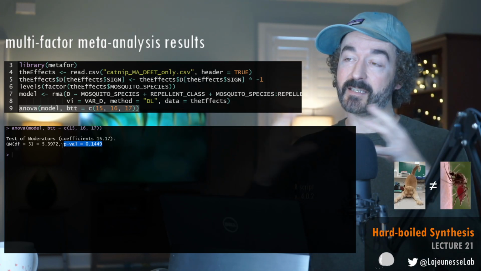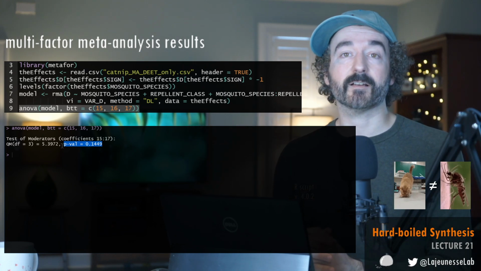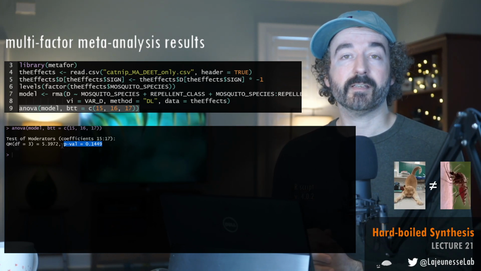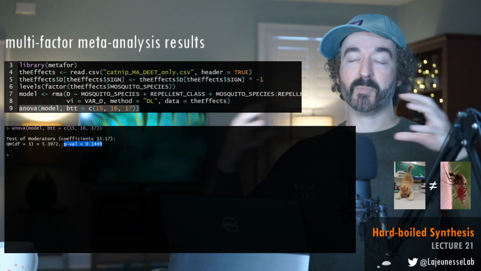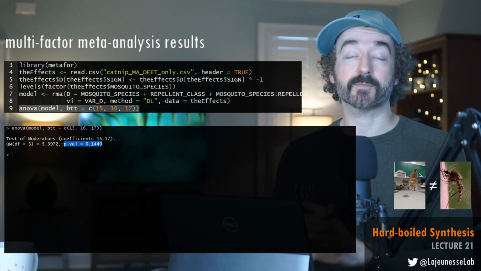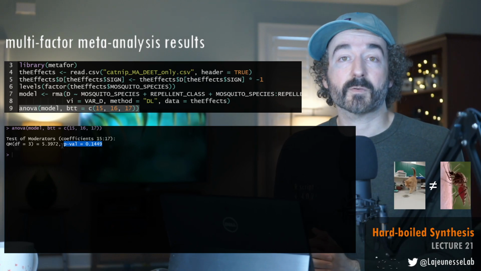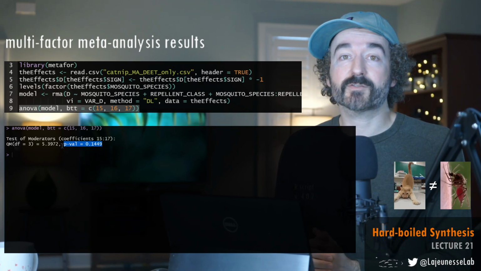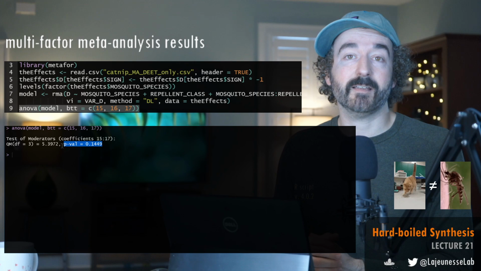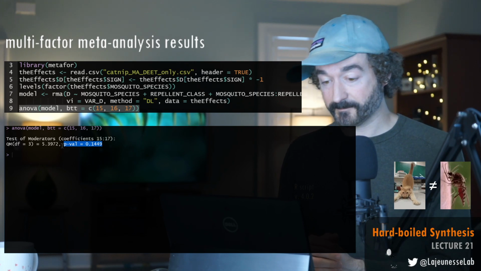That truly is one of these things that's kind of underused in meta-analysis: building these large predictive models to try to tease apart what are the most interesting or best things that predict the effects, the study outcomes.